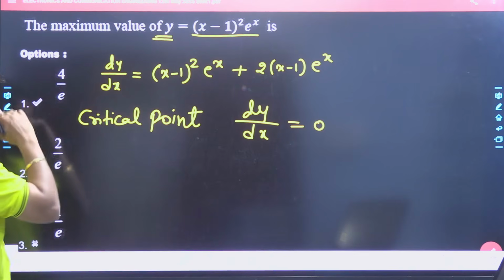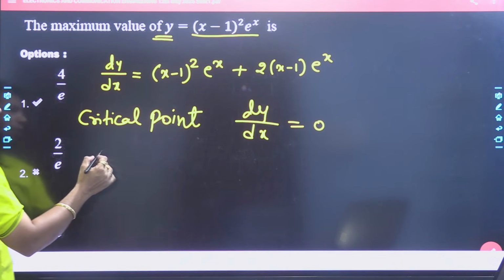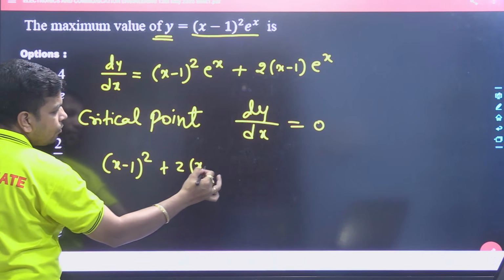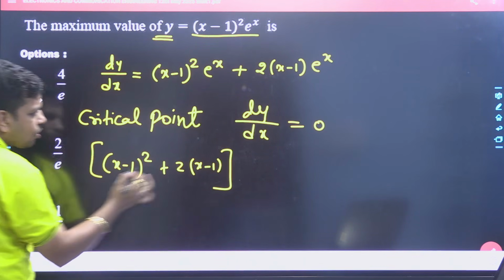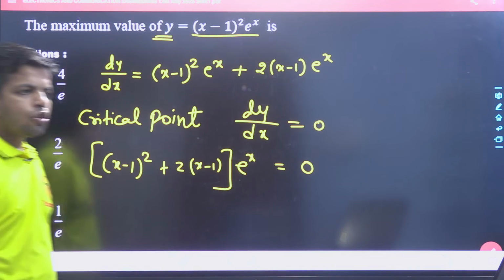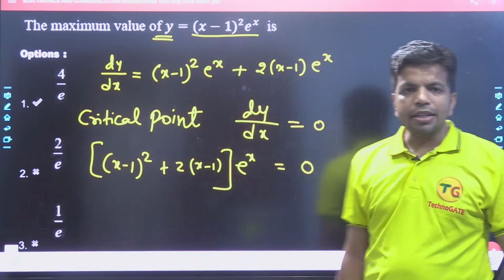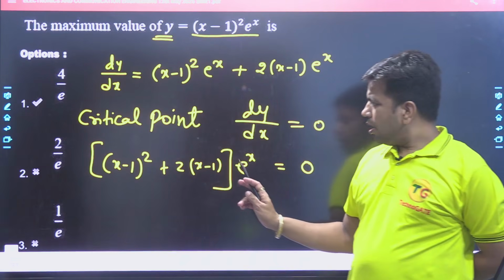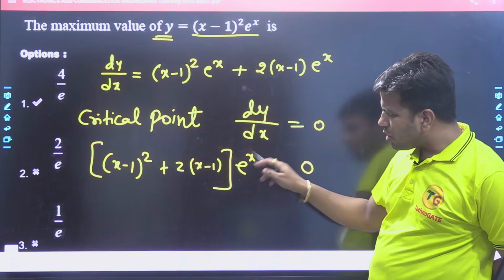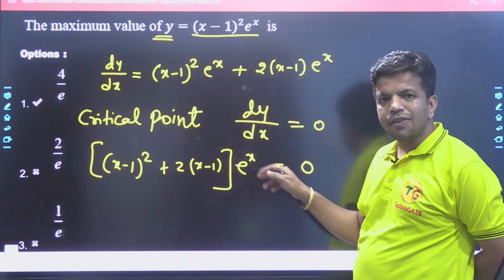Just put that equation equals to 0. So (x minus 1) square plus 2(x minus 1), we can take e raised to x common from this, and this value is equals to 0. So ultimately what we can say here is there are two terms. If we want to make this equation 0, this e raised to x is never going to be 0 because this value is always greater than 0.